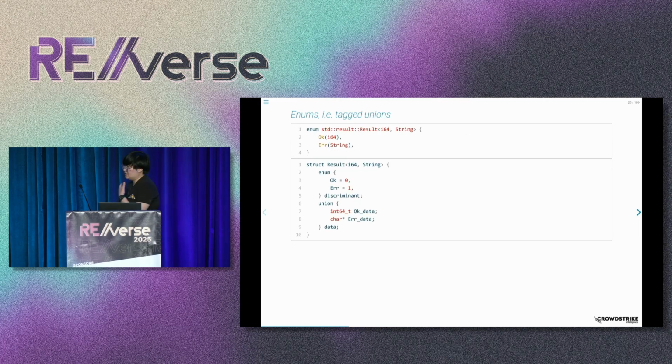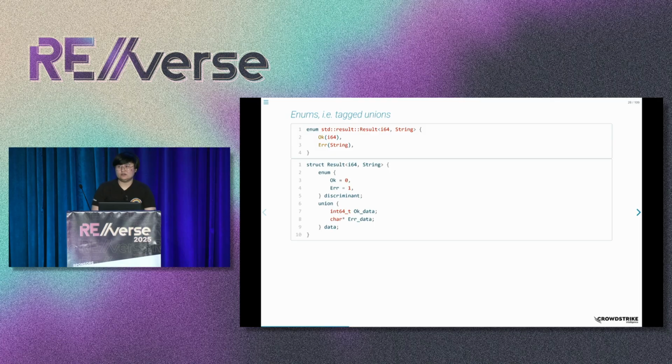Now we're going to talk a bit about Rust enums. And this is a type that works quite a bit differently than enums in C. If you're familiar with the term tagged union or the C++ std variant, this might be familiar to you. But as you know, in C, we can have unions which can hold many different types of data, right?